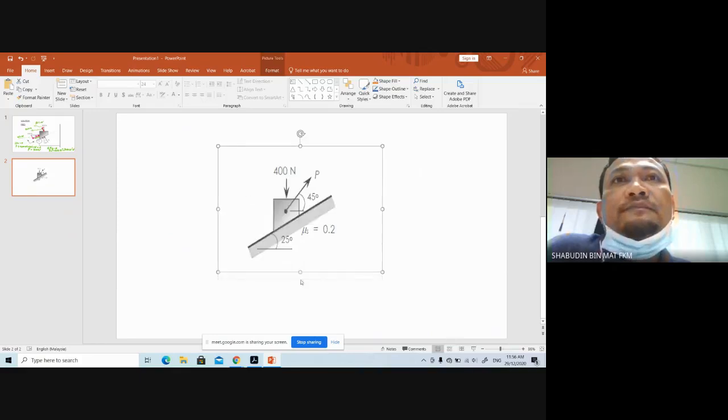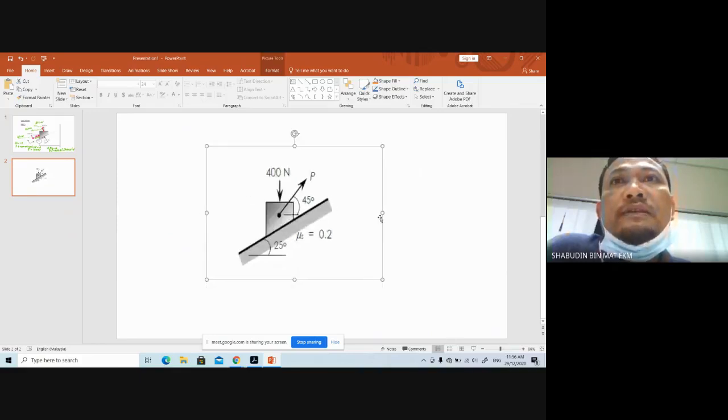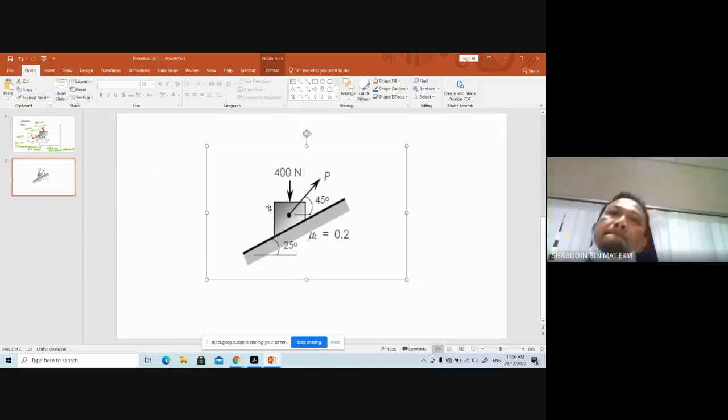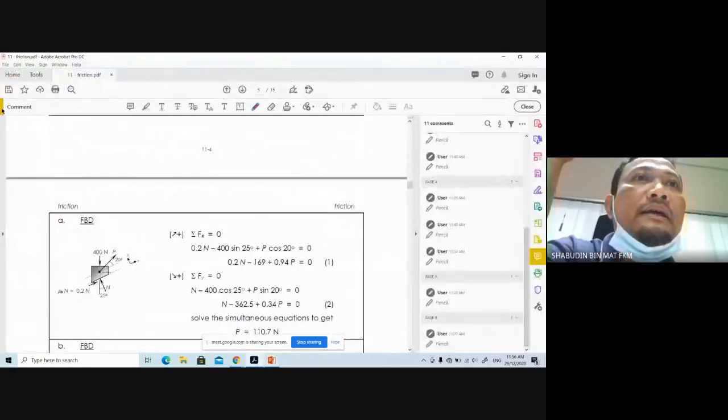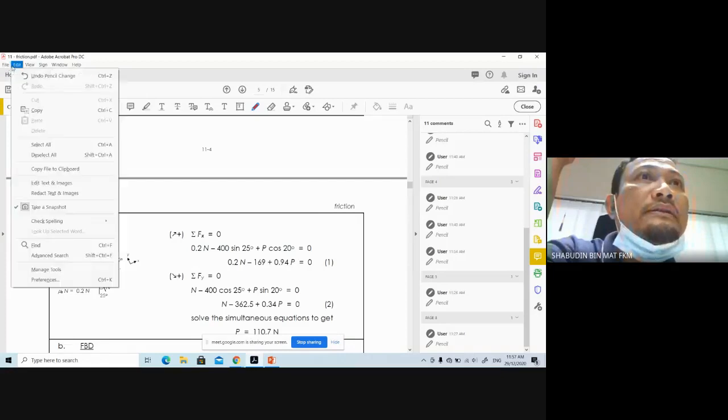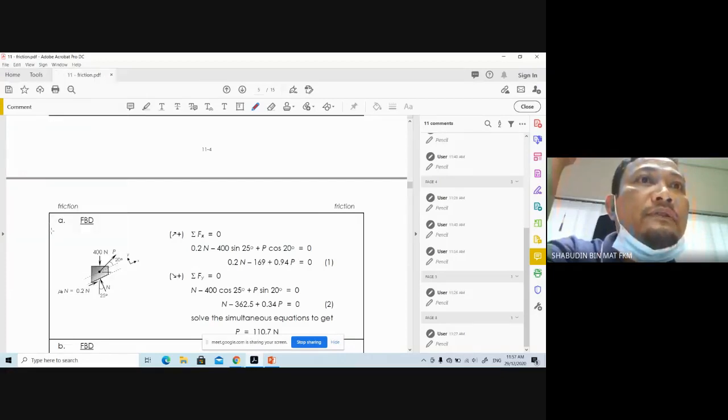In this situation, it may fall up or it may fall down, so you do the analysis for both. Edit, take a snapshot of it.